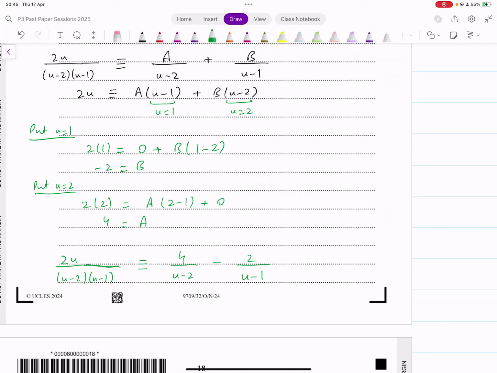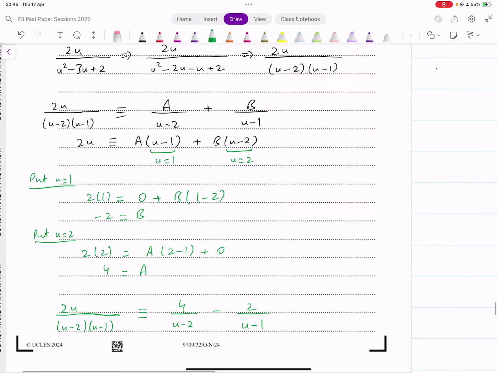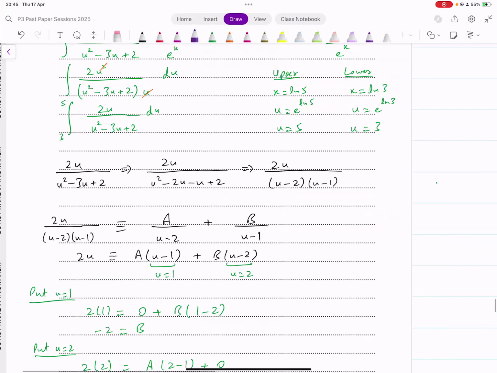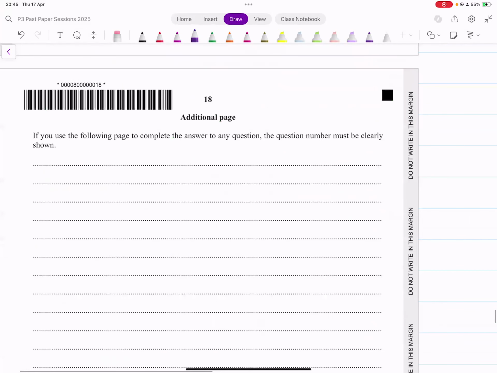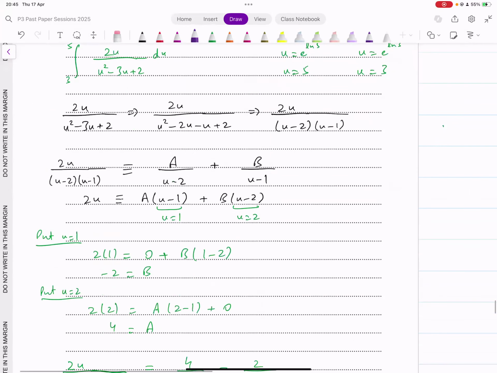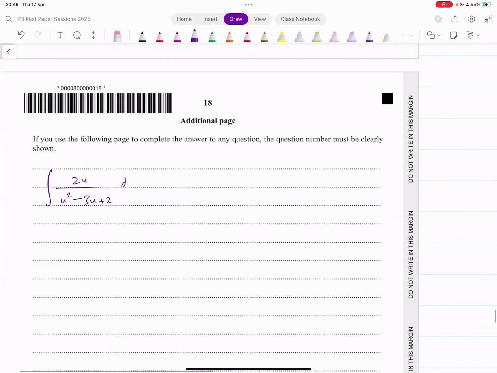Now what we do is we integrate each one of them separately. This is the integration that we wanted to do. Let's try that. Integration of 2u over u squared minus 3u plus 2. We had to integrate this with limits 3 to 5.